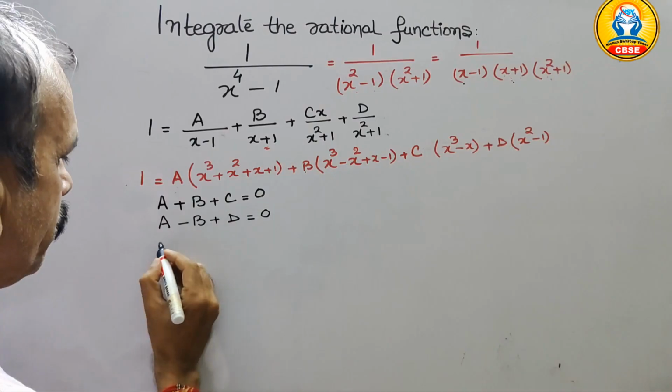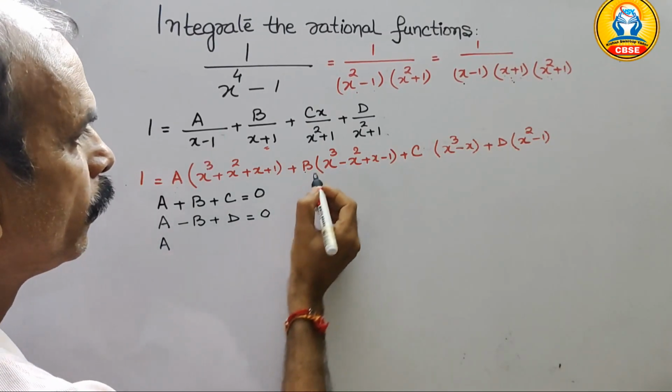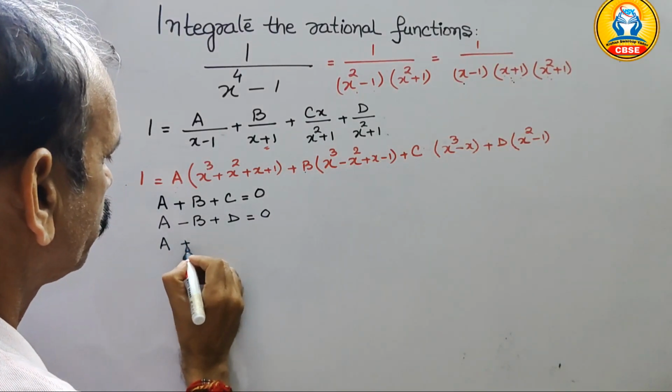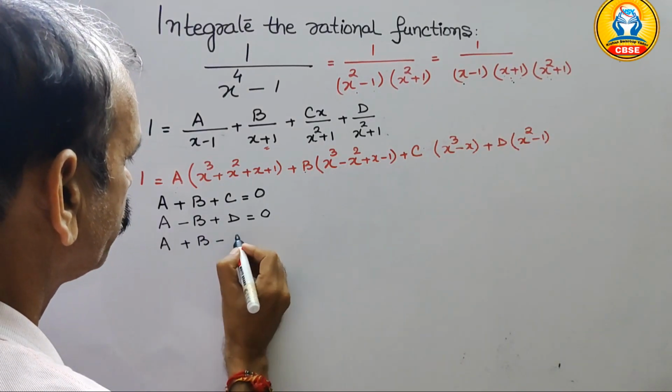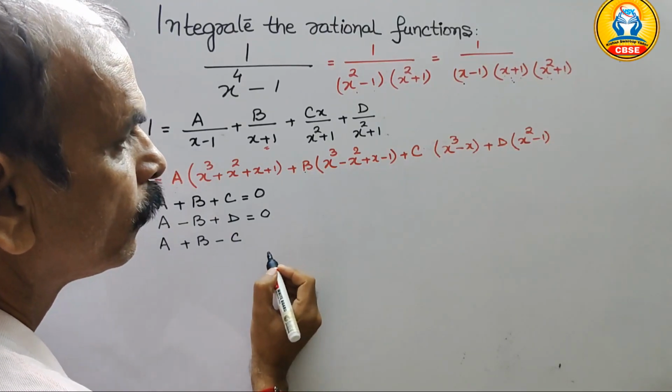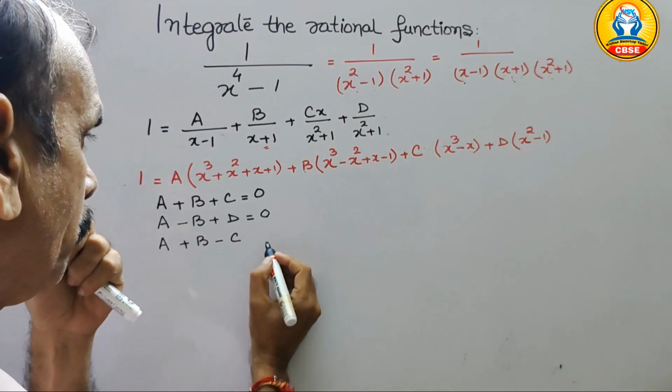So here A, B, minus C, that is equal to 0.